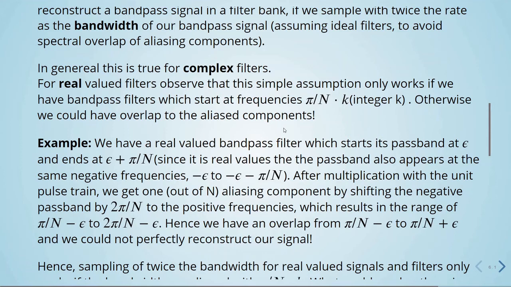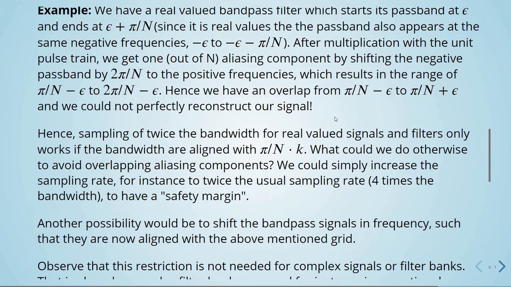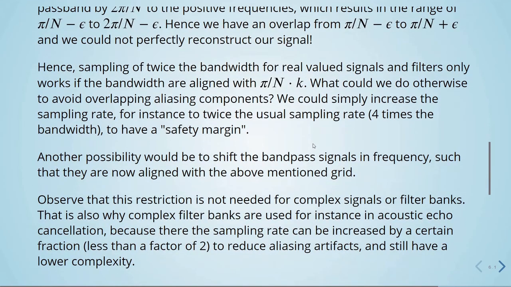Otherwise we could have overlapping alias components. To solve this problem, we can use a higher sampling rate, so 4 times, for example, the bandwidth, having the safety margin, or we can also shift the bandpass signals in frequency in a way that they are aligned with this grid of pi divided by capital N times k.